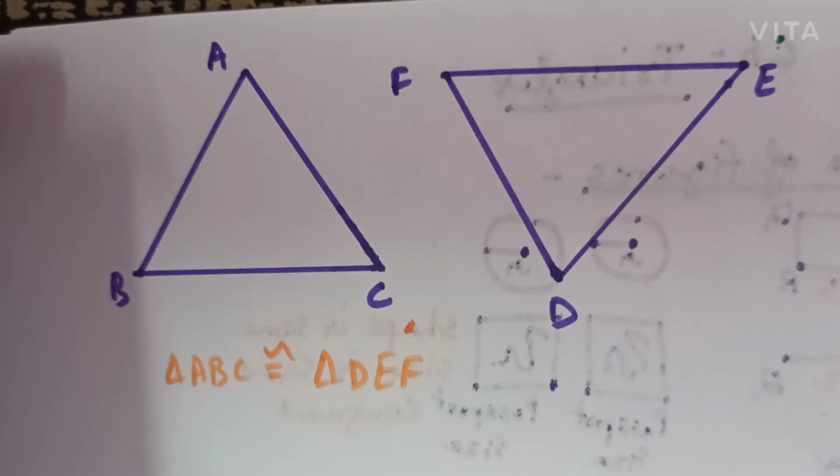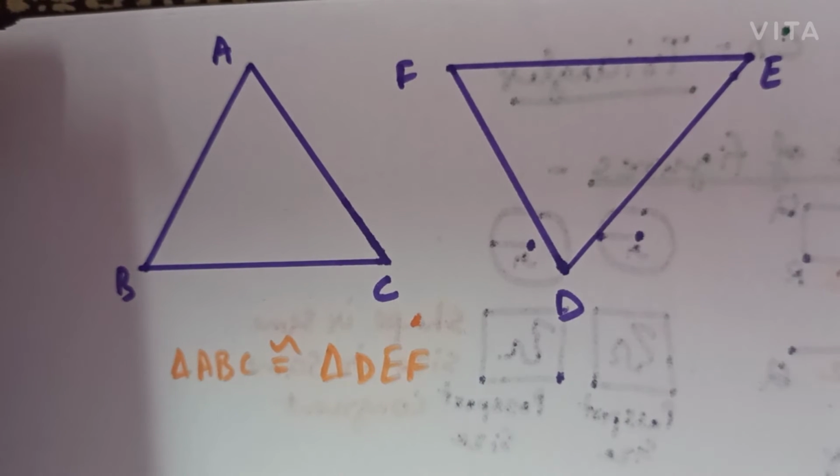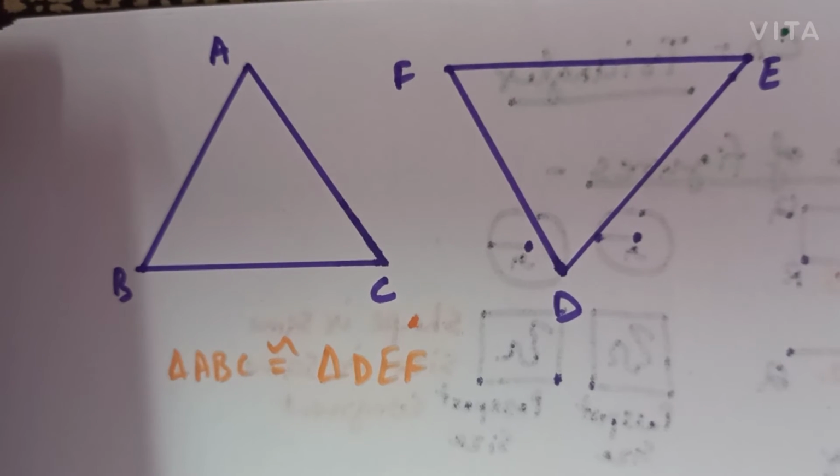Okay, here I have taken one more example. Here it is given that triangle ABC is congruent with triangle DEF.